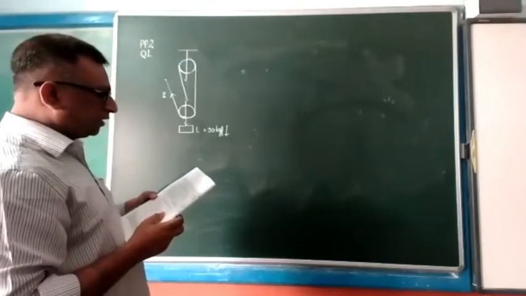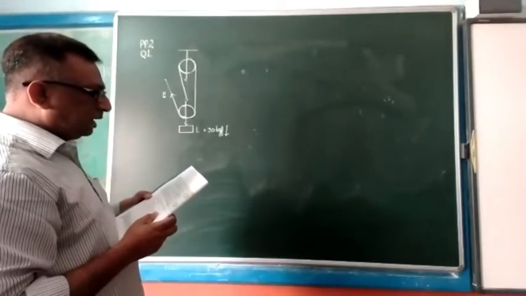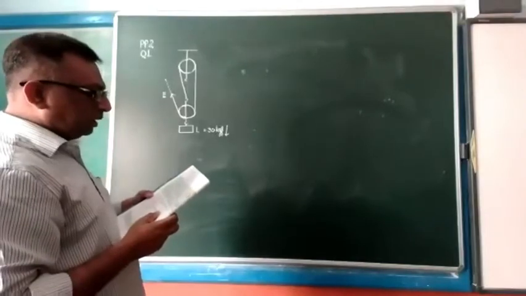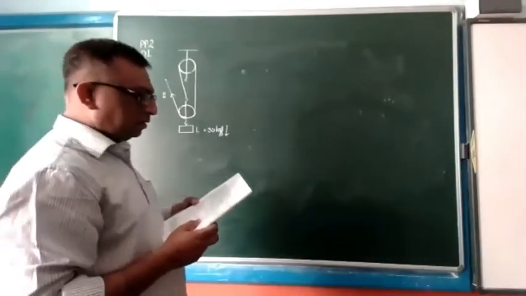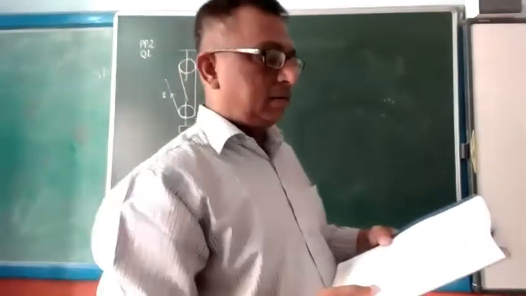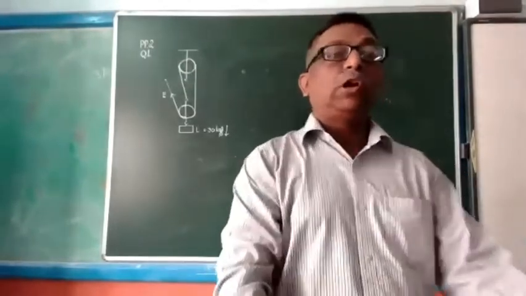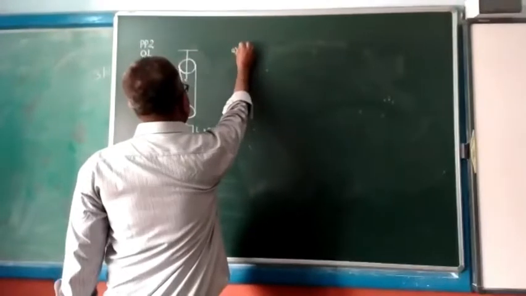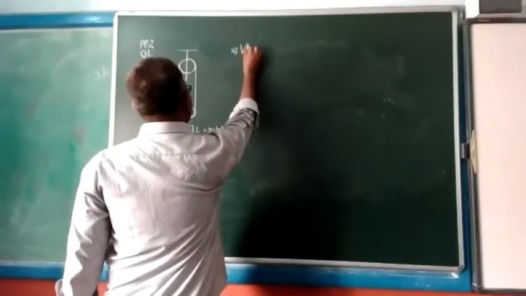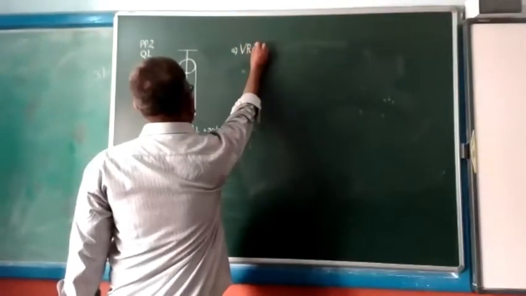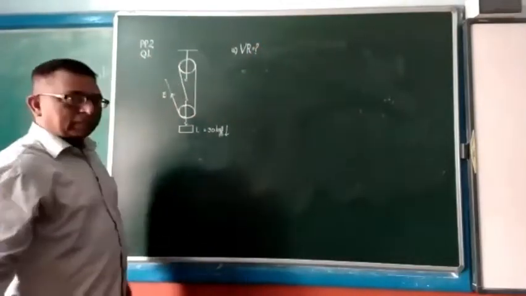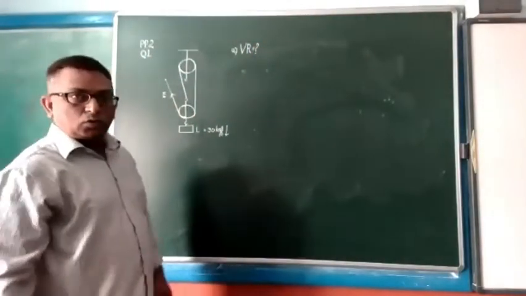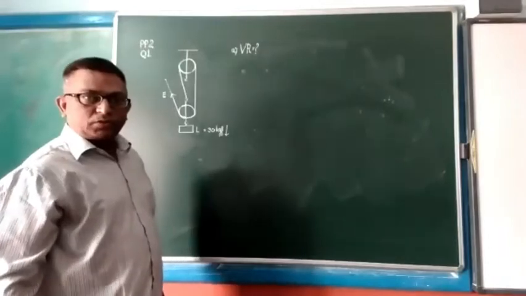What is the velocity ratio? What is the mechanical advantage of the pulley system, assuming it as ideal? So first we find the velocity ratio. First part, what is the velocity ratio? Here, what is the velocity ratio?